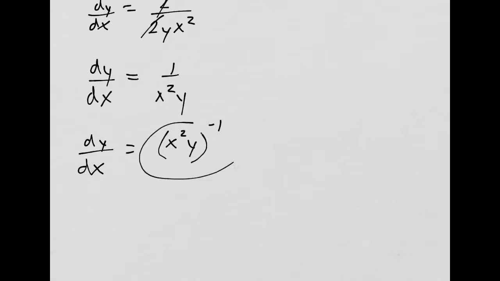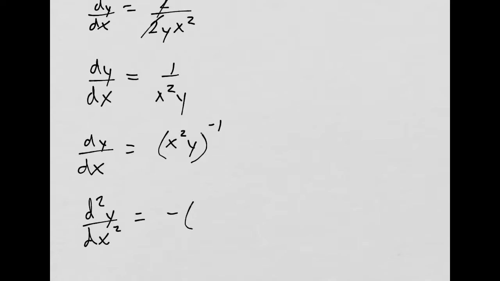And here I'll use the chain rule because of that negative one there. I'll bring it down and I'll do that. And then on the inside is just a product rule. So d squared y dx squared, that's going to be negative 1, I'll say. And then negative 2. So the derivative of the outside with the inside the same, times the derivative of the inside.